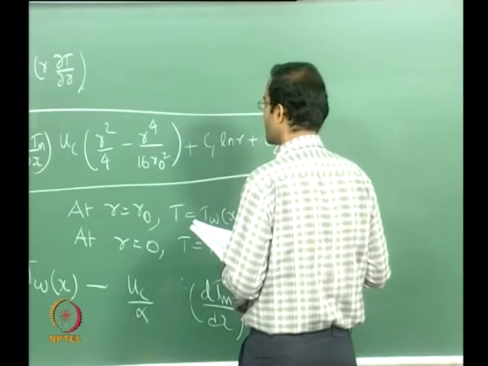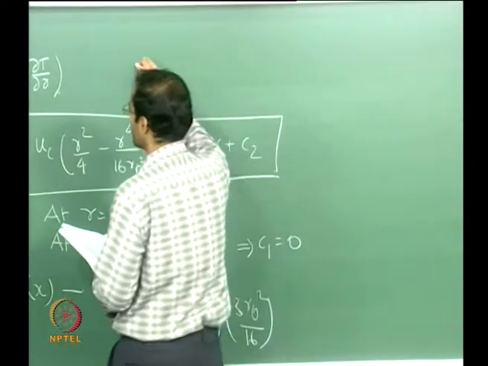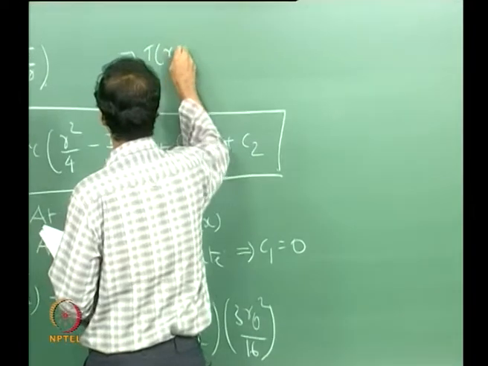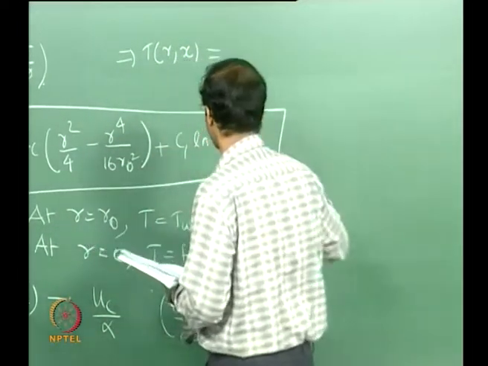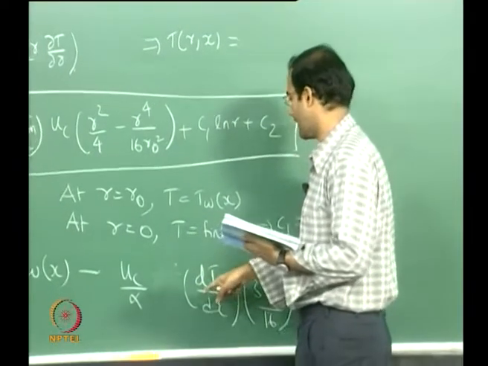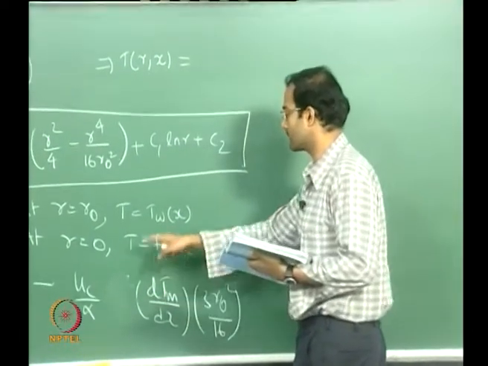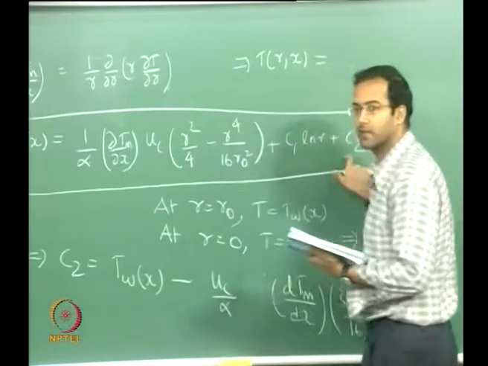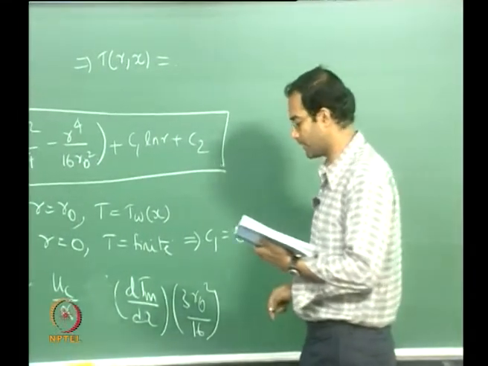Therefore you can substitute for C1 and C2 and write your final expression. C1 is anyway 0, so T of r comma x, you can substitute for C2 and you see Uc by alpha dTm/dx. This is a common term here and here, so that can be taken out as a common term.